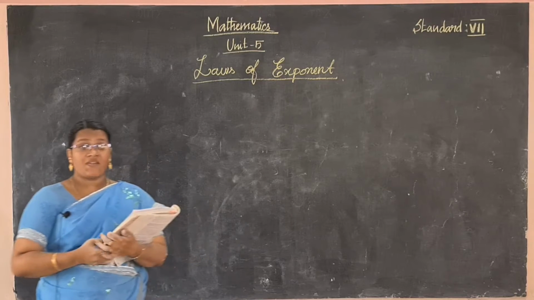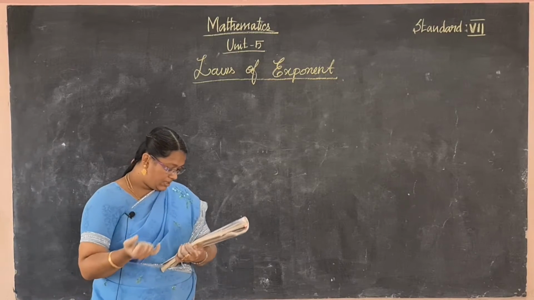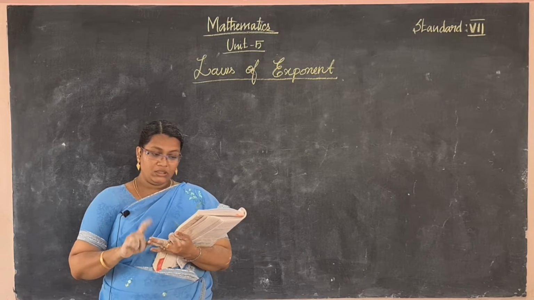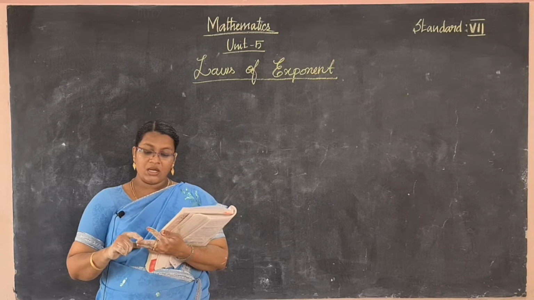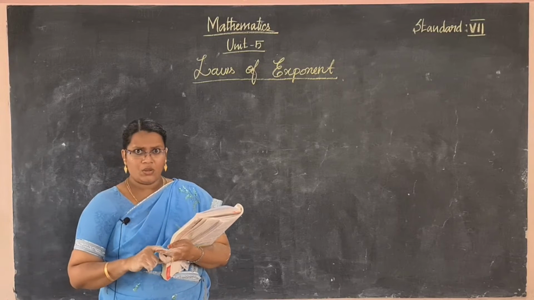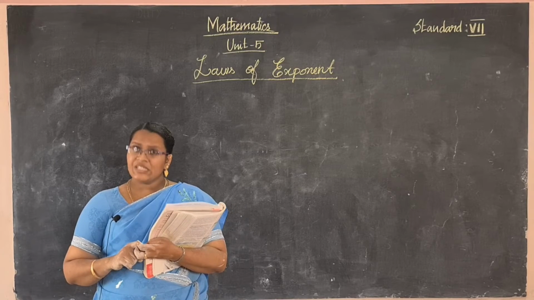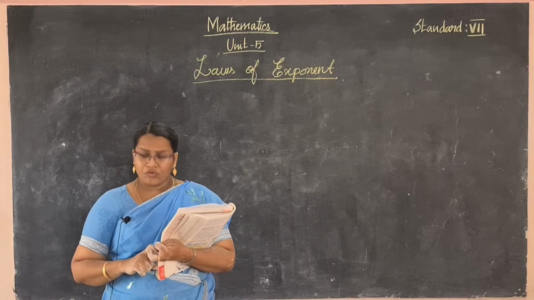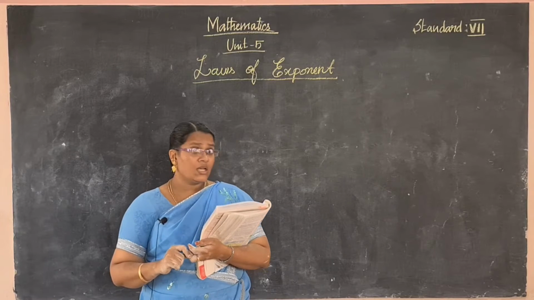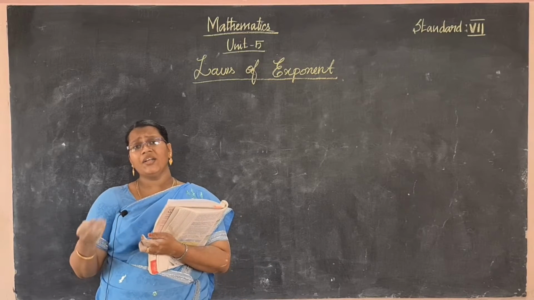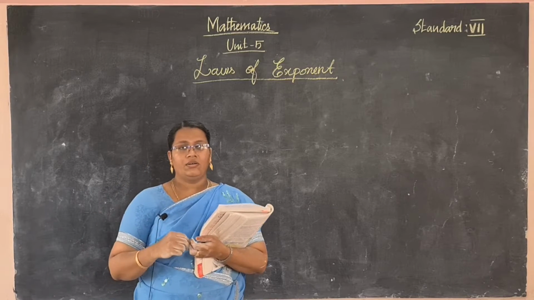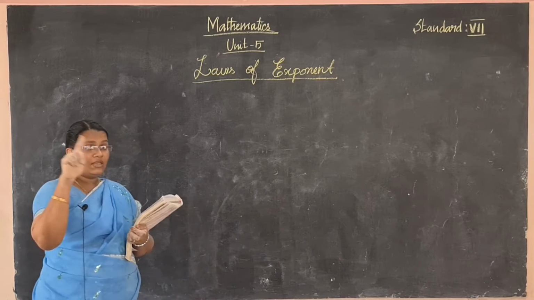The first one is the product law, the second is the quotient law, and the third is the negative exponent, then the power of power rule or law, the power of 0, which is called the zero exponent, and the power of 1. The 7th one is product or division of the same power with the same base. So we have learned 7 types of law.